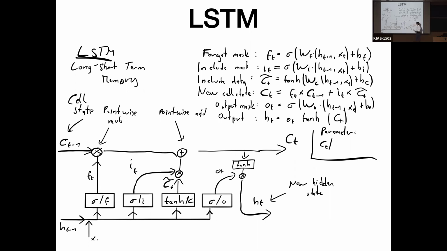And this LSTM structure has 3 basic operations. It has an include mask, a forget mask, and a new cell state. So essentially, it really learns, okay, from this new data, what do I want to keep? From the old data, what do I want to throw away? And how to combine that in an efficient way.